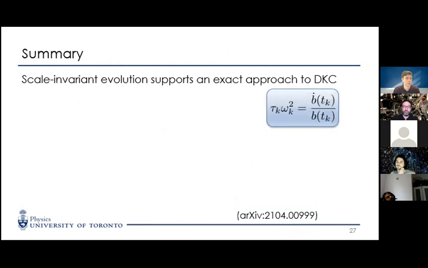All right, so before I end, I will briefly summarize what I've shown you. The main result is that for scale invariant evolution, there's an exact approach to Deltakick cooling given by this equation, which allows us to calculate our kick strength for arbitrary scale invariant evolution, which is governed by the time dependence of the scaling factor.